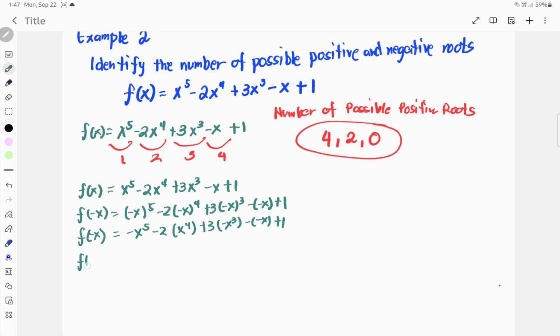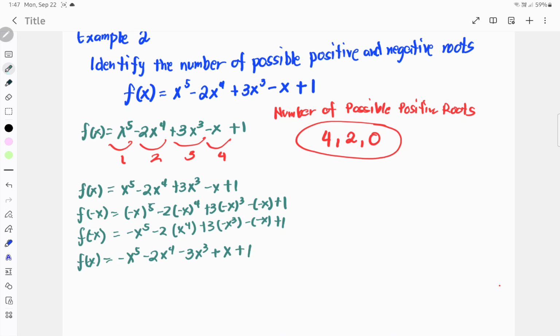Simplifying that, f of negative x equals negative x to the 5th minus 2x to the 4th minus 3x cubed plus x plus 1.